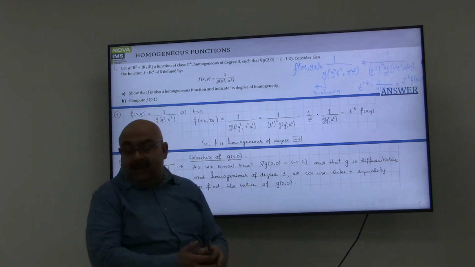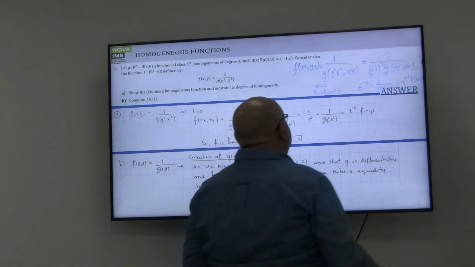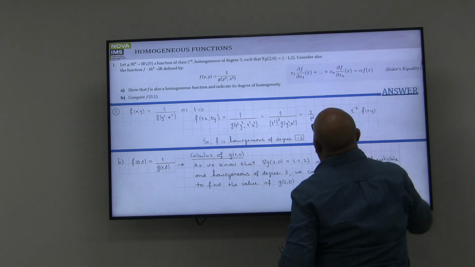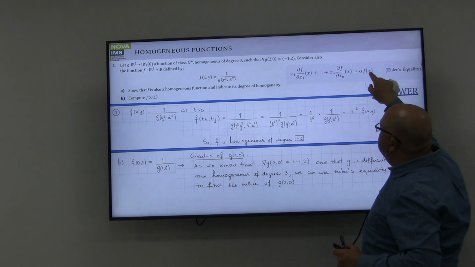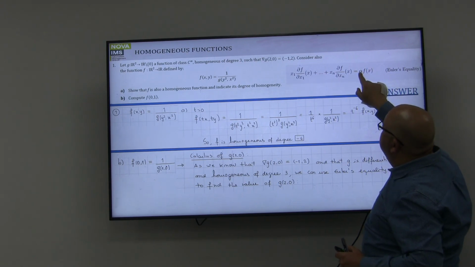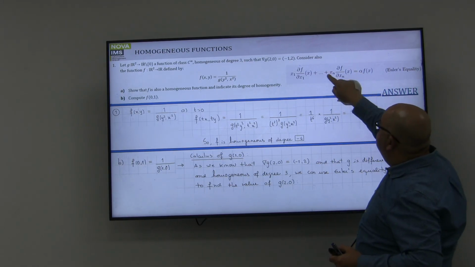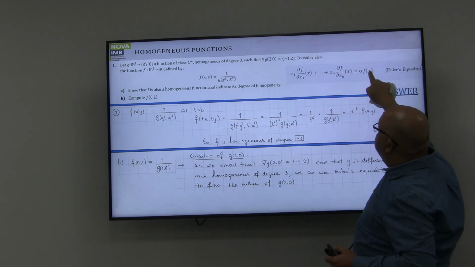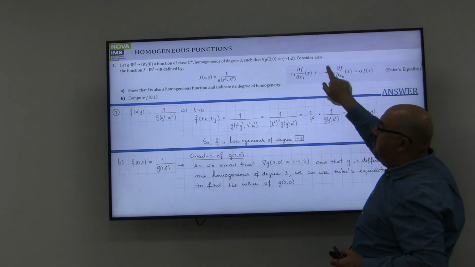I already added Euler equation for you in order to remember what was said in the previous lecture. This is Euler equation, which states that for any homogeneous function, the homogeneity, so this is alpha equal to 3, times the function will equal the derivative of the function with respect to its variables, times the coordinates x1 and x2.